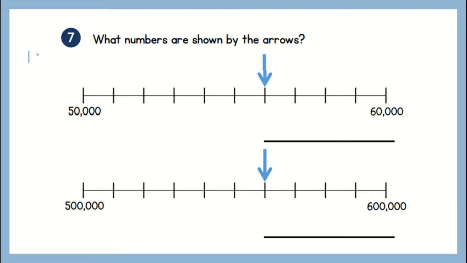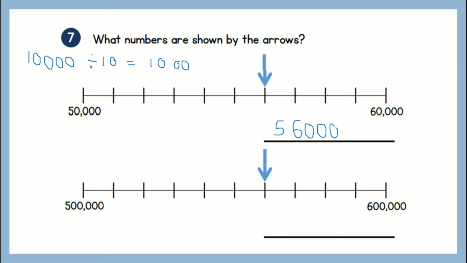So if we do 10,000 divided by 10, we can work out what each of these lines represents. 10,000 divided by 10, when we divide by 10 we just take a 0 off, that would give us 1,000. So each of these lines are going up by 1,000 each time. So 51,000, 52,000, 53,000, 54,000, 55,000, 56,000. So the answer would be 56,000.